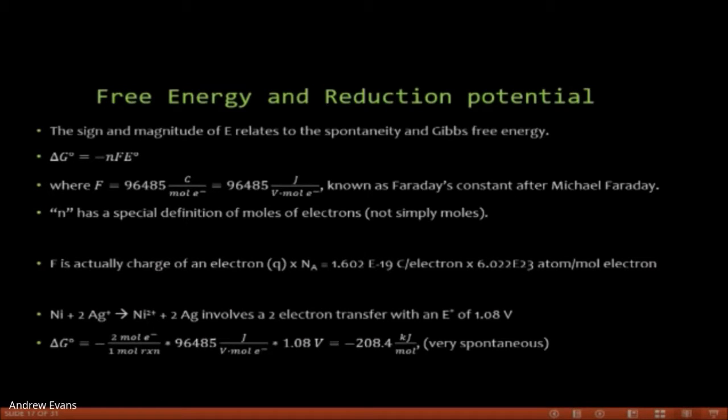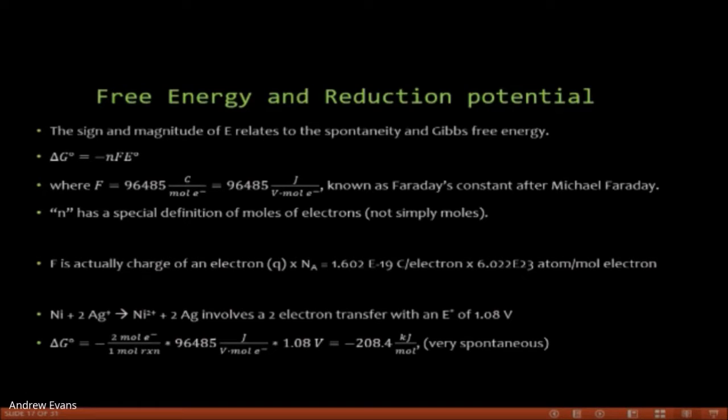Now, we're going to relate that E cell, that cell potential, to the Gibbs free energy. The cell potential has to do with the spontaneity of the reaction. And so our main equation here is that delta G is equal to negative N F E. Now this N and F are 2 really newish things we have not seen.